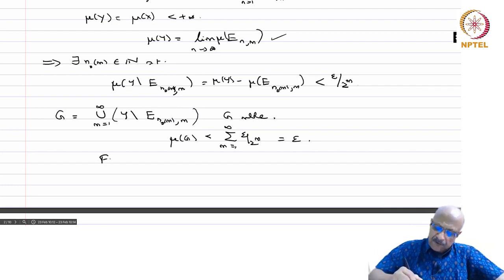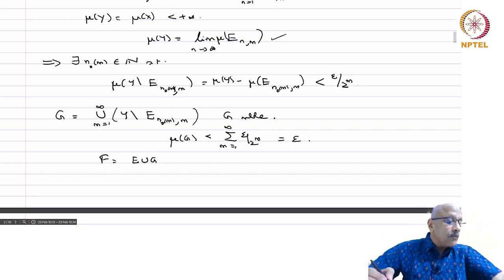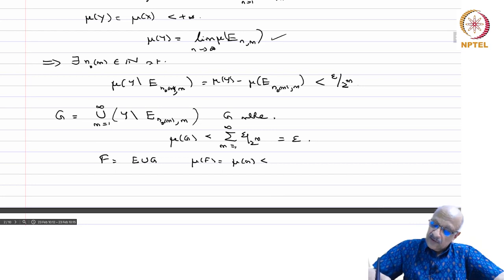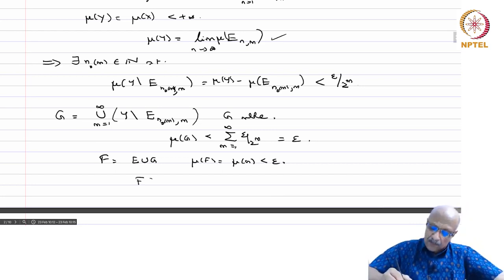Now you set F equals E union G, so that mu of F equals mu of G, which is less than epsilon. And what is F complement?